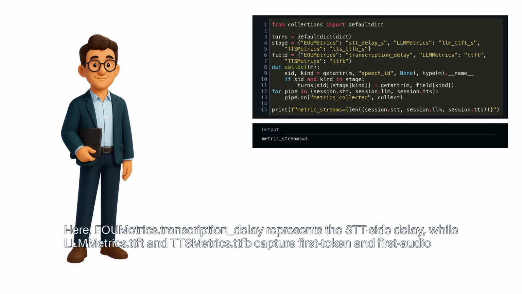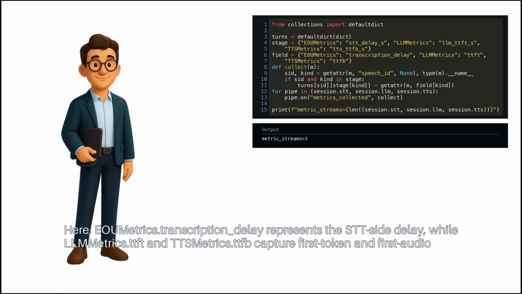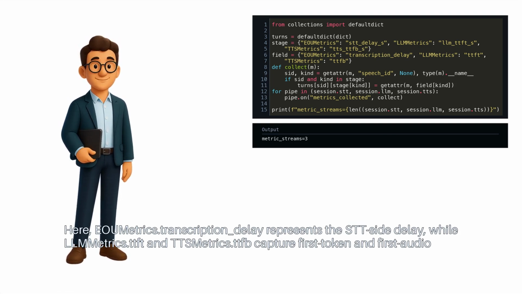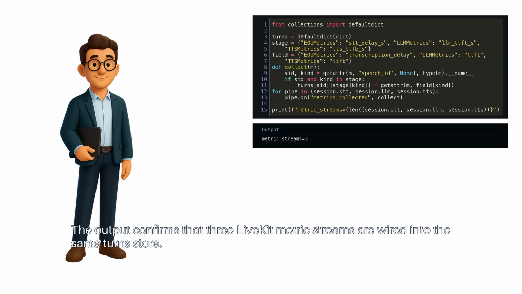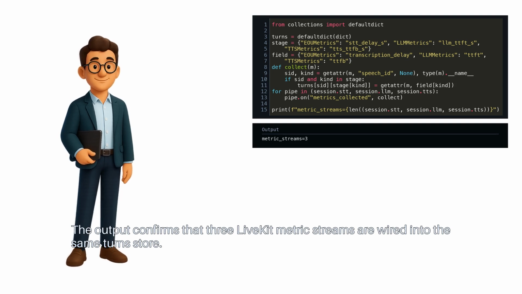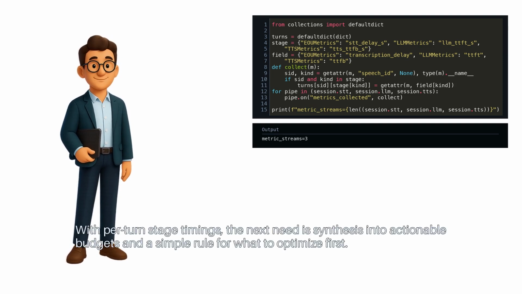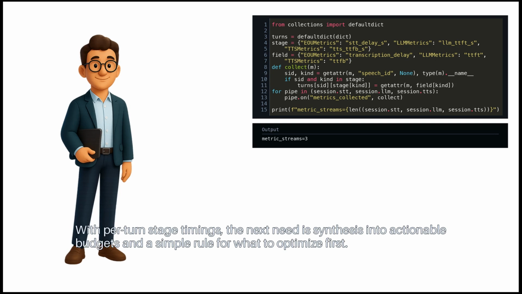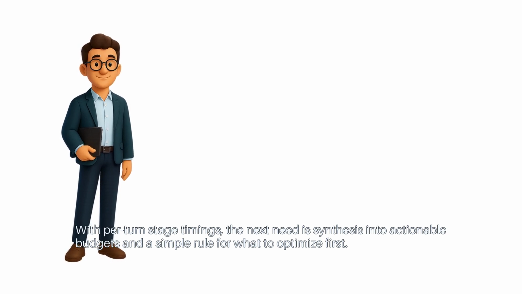Here, EOU metrics transcription delay represents the STT side delay, while LLM metrics TTFT and TTS metrics TTFB capture first token and first audio timing. The output confirms that 3 LiveKit metric streams are wired into the same turn store, with per turn stage timings. The next need is synthesis into actionable budgets, and a simple rule for what to optimize first.